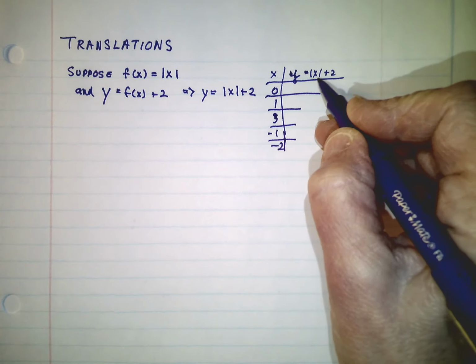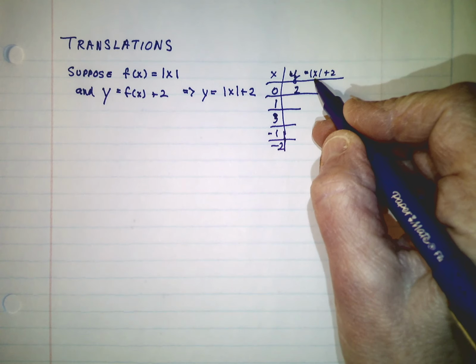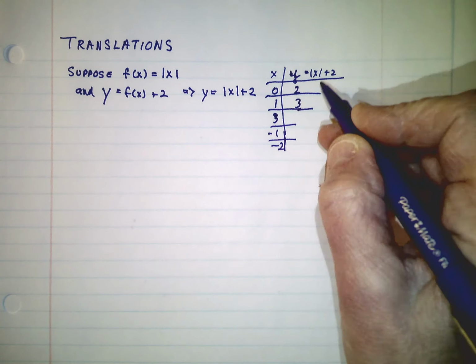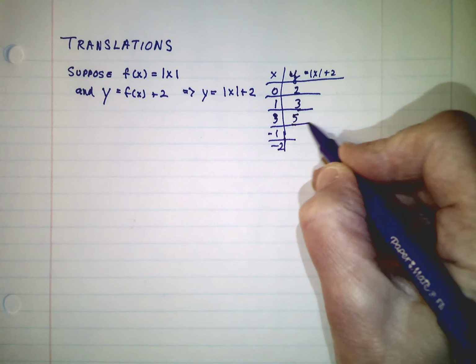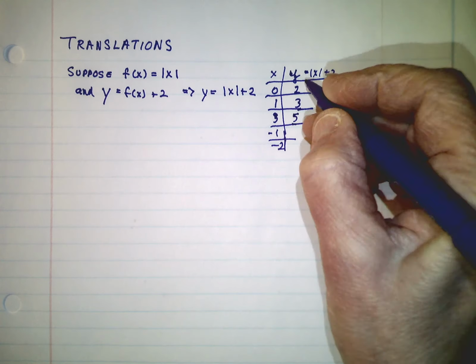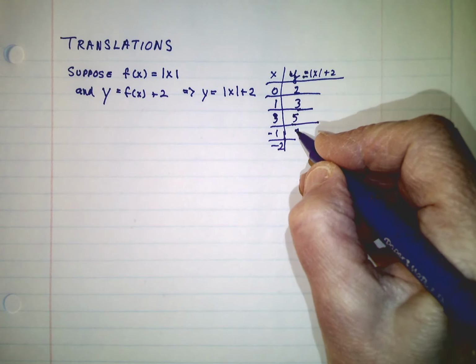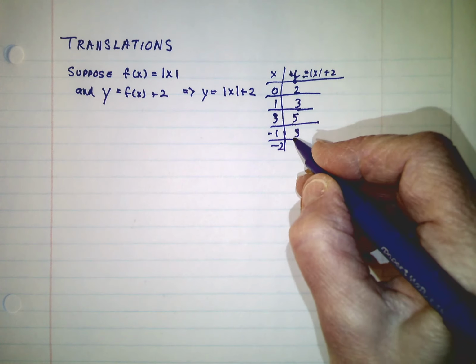So we put in a 0 and add 2. We put in a 1, take its absolute value, add 2. Put in a 3, take its absolute value, add 2. Put in a -1, take its absolute value, and add 2. Put in a -2, take its absolute value, and add 2.